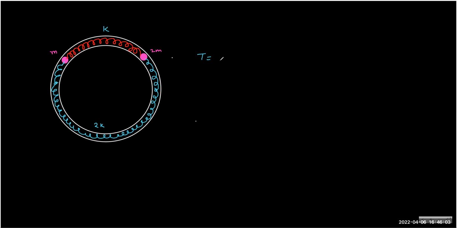You have to reduce the mass into the reduced mass and also the springs into k equivalent, and then you can get the answer in one line. So the answer is simple: 2 pi root of mu by k effective, and that's it. You can solve it in 5 seconds. This was maybe a 5 marks problem. 5 marks in 5 seconds.